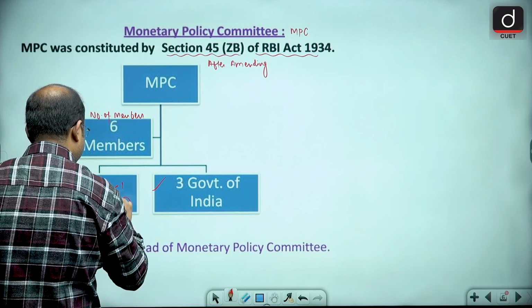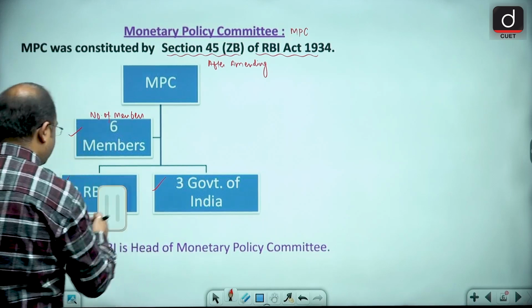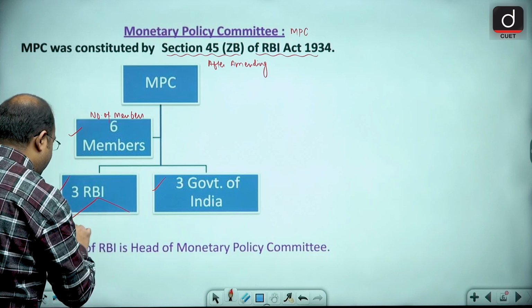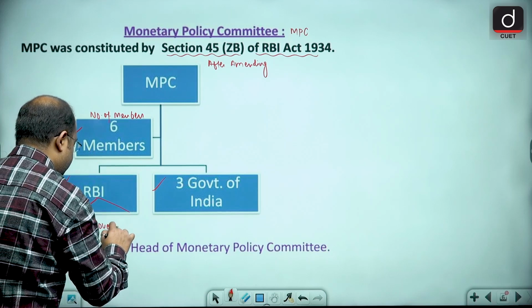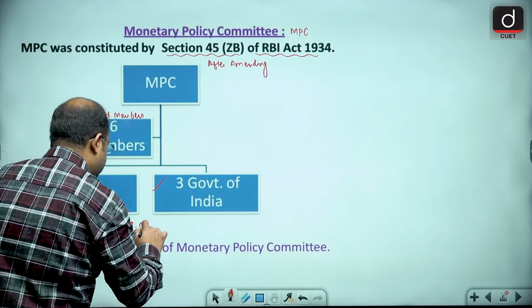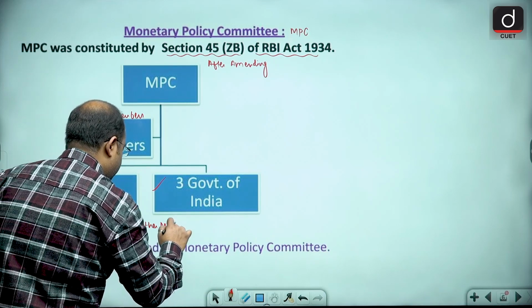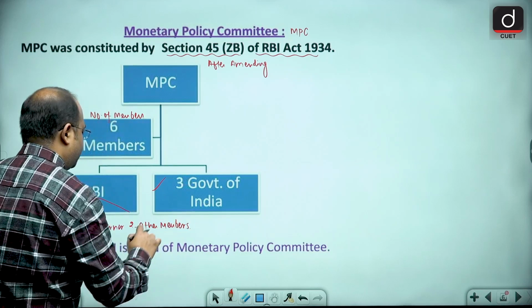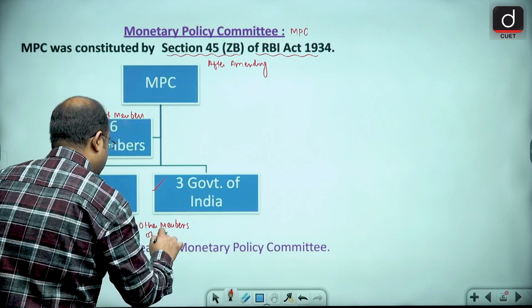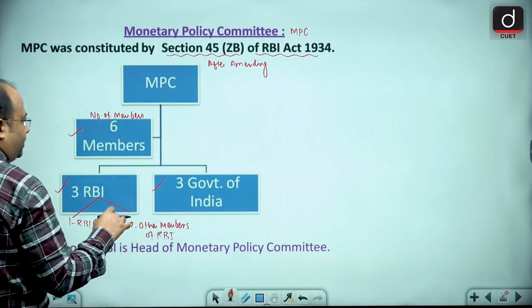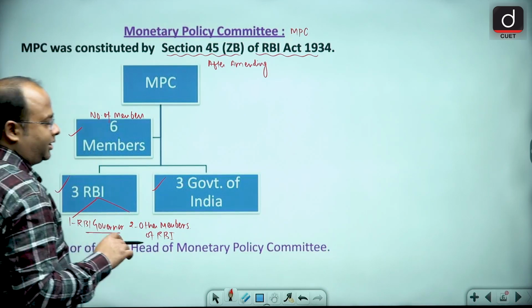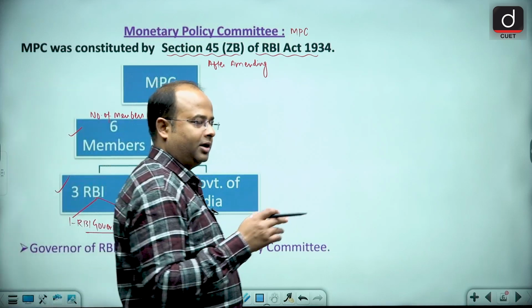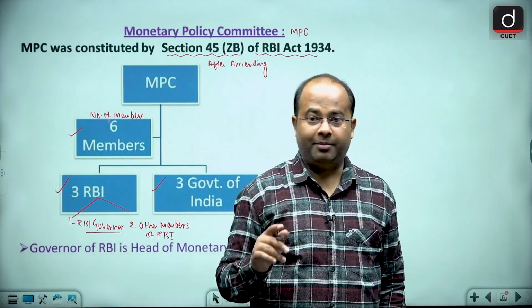So 1 is always the RBI governor and two other members of RBI, and the RBI governor is the head of Monetary Policy Committee.